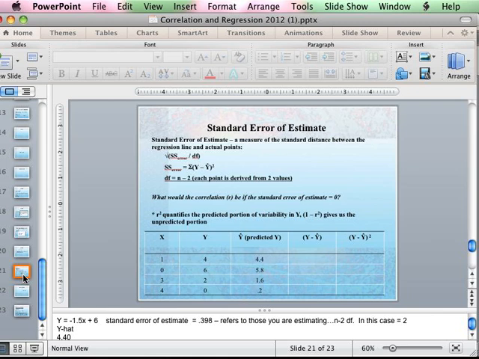So when you think of standard error, it's a typical mistake I make. If I use my regression equation to predict what your college GPA will be based on your ACT scores, the standard error represents how many grade points I'm going to be off on the average. Sometimes I'll underestimate it, sometimes I'll overestimate it, sometimes I'll hit it dead on. But on the average, the standard error of the estimate represents how far away I'm going to be.